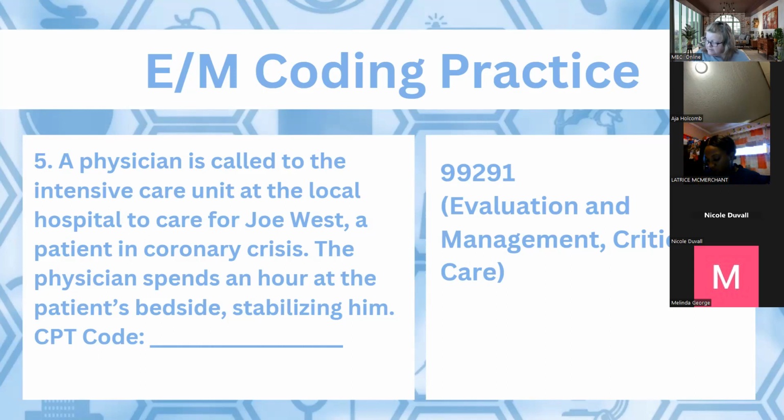Okay. And then 99292 times 1. And so on and so forth. And for every additional, it looks like 14 minutes or so, you're going to have an additional times 1, times 2, times however many there are.